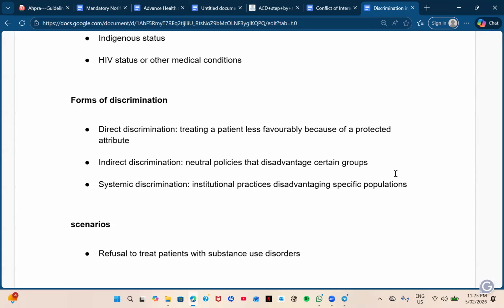So give me a good example for indirect discrimination. If you are familiar with recalls, you should know this properly. I think they gave this question in June or July. So who can tell me an example for indirect discrimination?